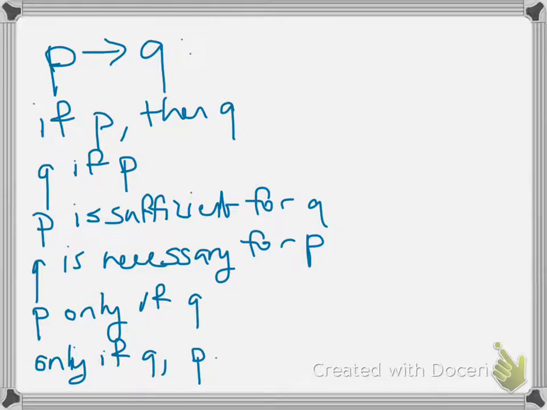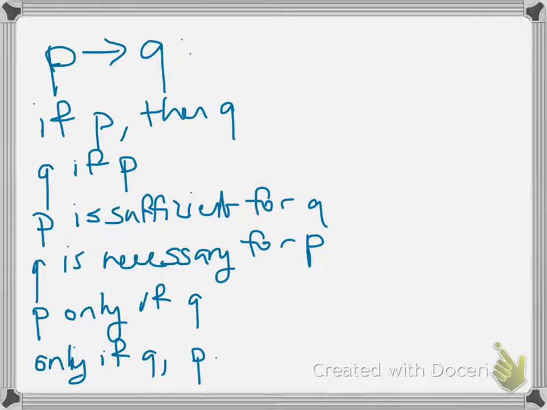P is sufficient for Q. Being a father is sufficient for being a male. Q is necessary for P. Being a male is necessary for being a father. P only if Q. A person is a father only if that person is a male. And only if Q, P. Only if a person is a male is that person a father.